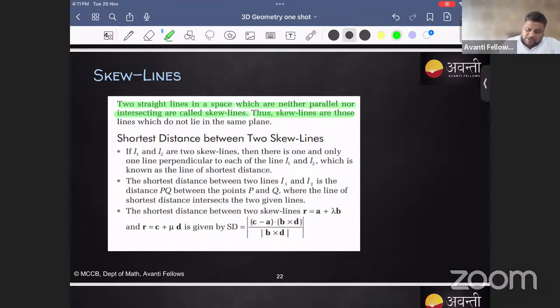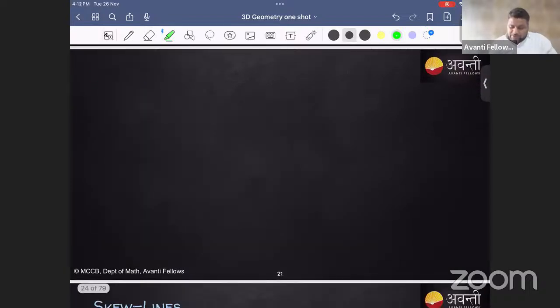Thus, skew lines are those lines which do not lie in the same plane. That is why even if they are not parallel, there is a situation that they are not intersecting also. This is like this situation: one line is going from above and the other line is going from below. So what exactly do we do between skew lines?